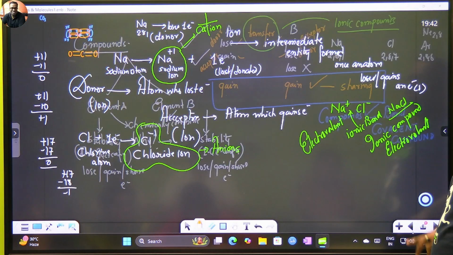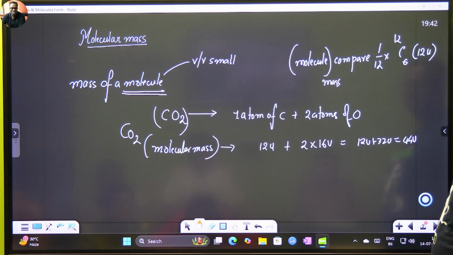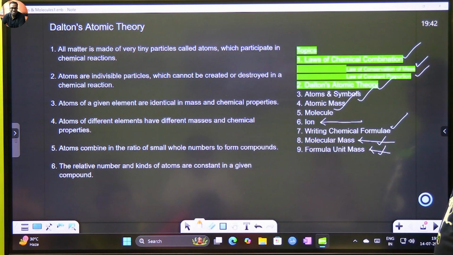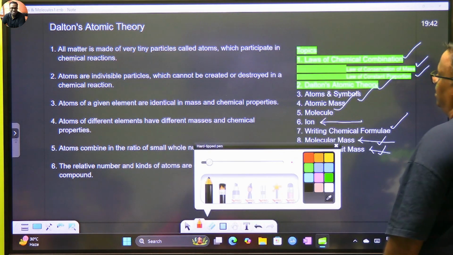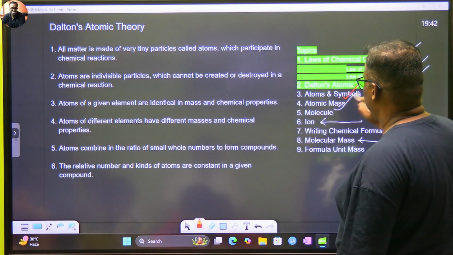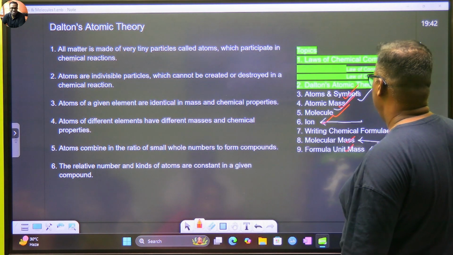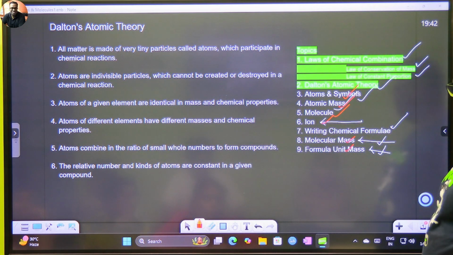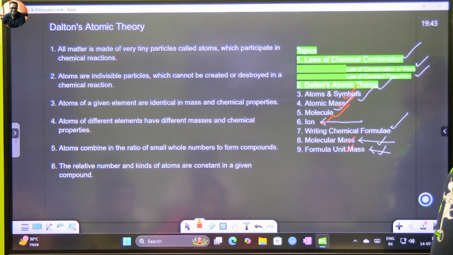Let's go back to our slide once again with which we started. Where is the slide? Yes, so time to put some more lovely ticks. Take your red pen. So atoms and symbols, atomic mass, molecule, ion, formula mass, writing chemical formula, which we go back to. Anything, child, anyone has not understood?